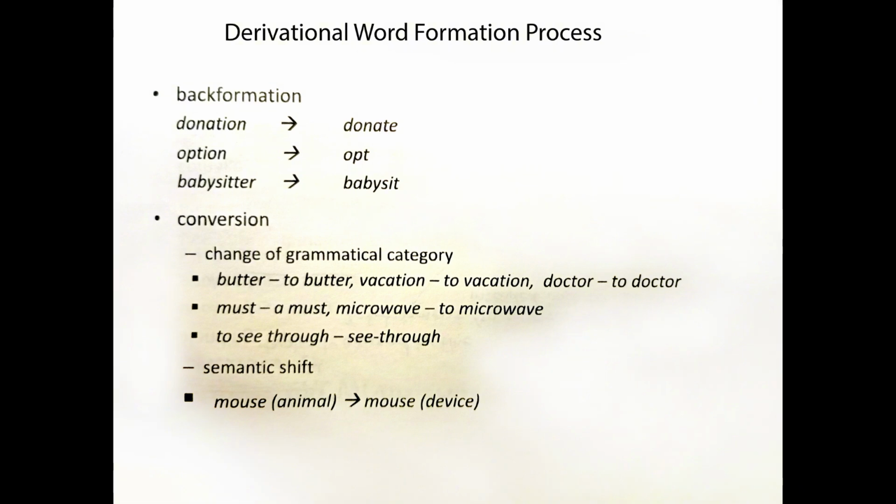And surveillance is a noun, and after shortening the back part, it becomes surveil. It is a verb, right? Babysitter is a noun. After shortening the back part, it becomes babysit. It becomes a verb, right? So those are the two parts I want to clarify.